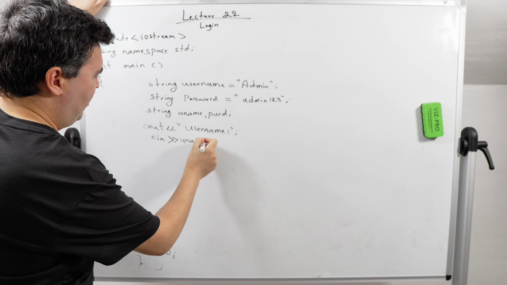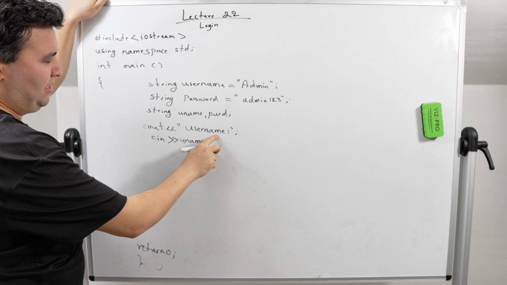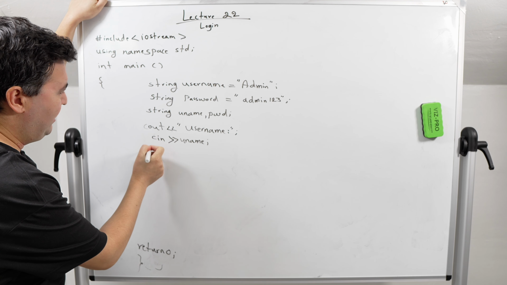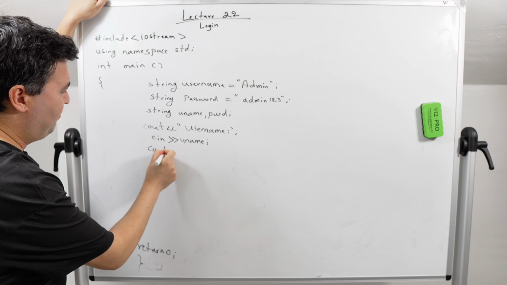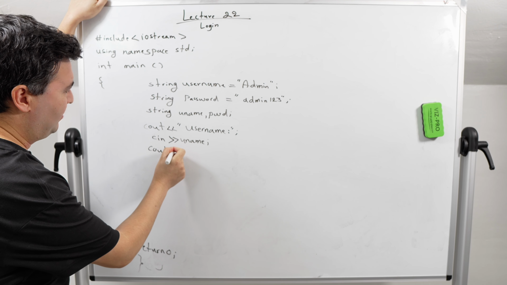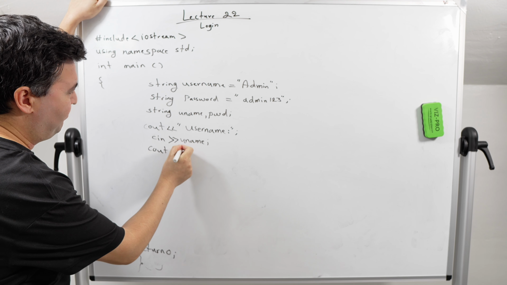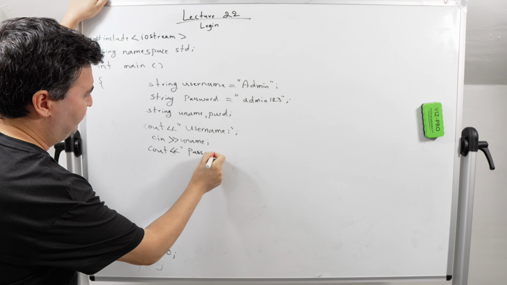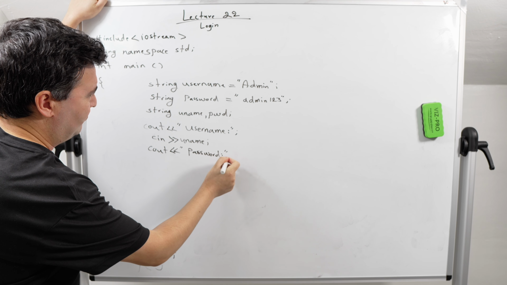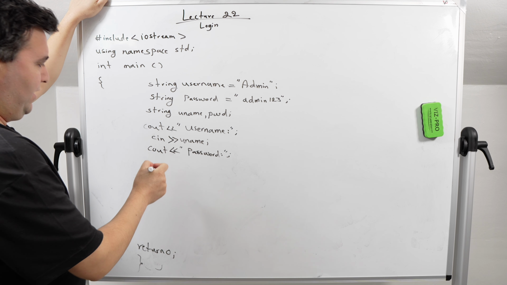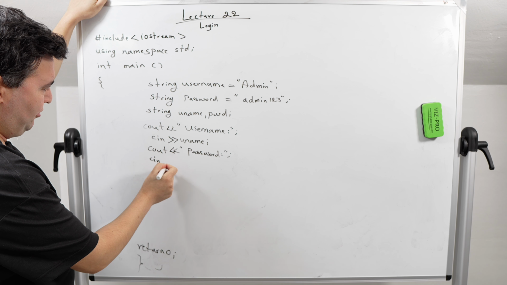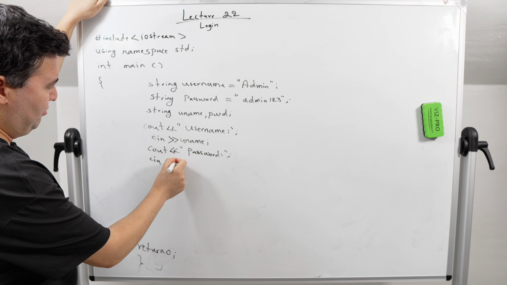So we ask the user to enter the username, then we store that username inside uname, and then we ask the user, cout, password. Then the user enters the password, and we store it with cin inside pwd.